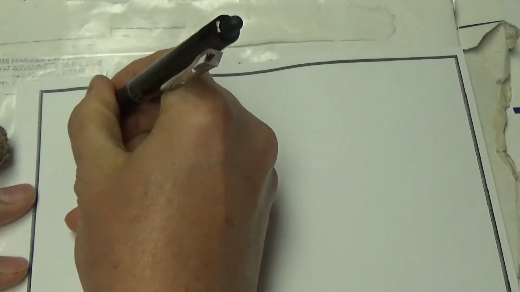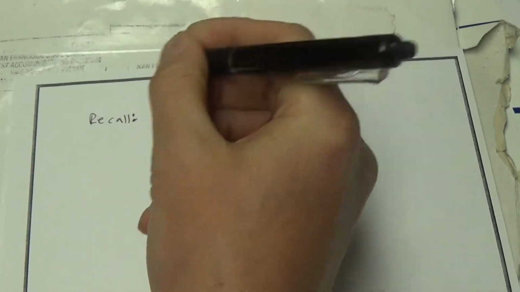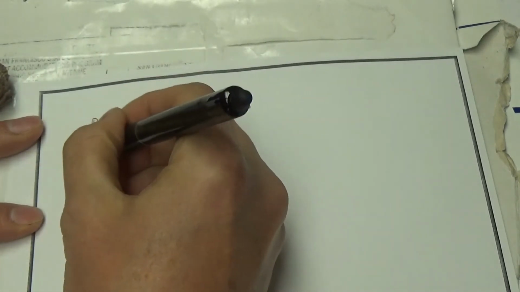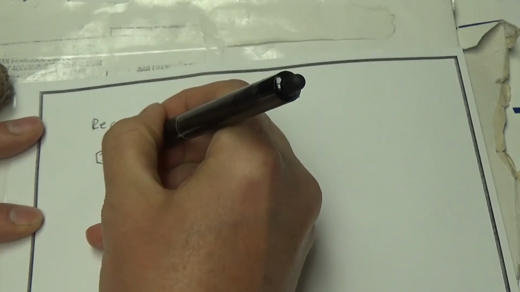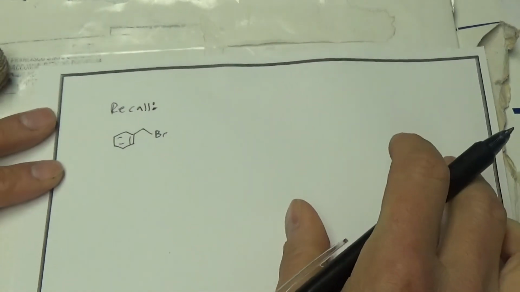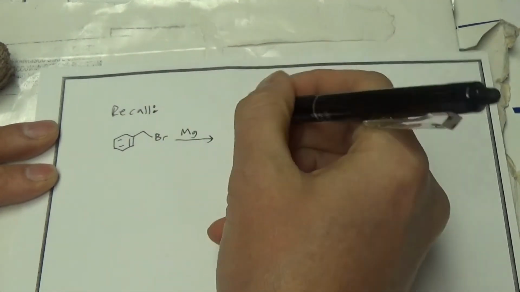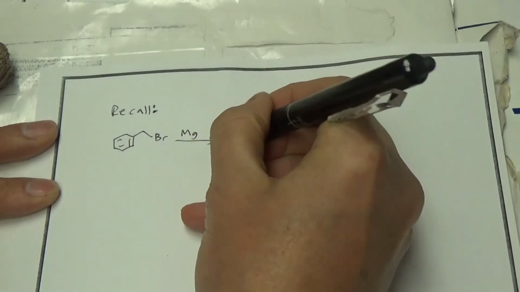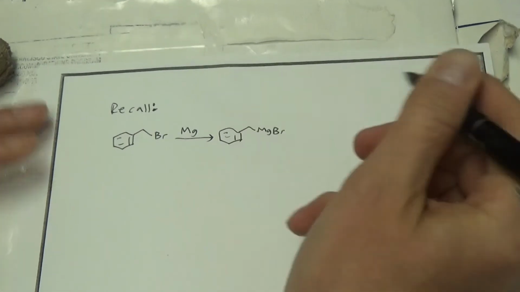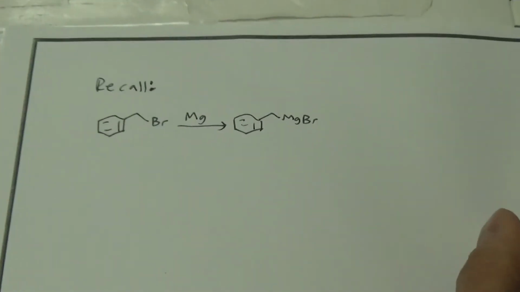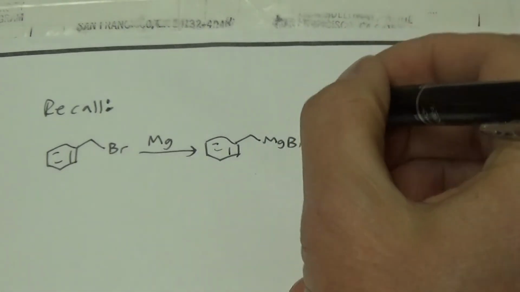Alright, so let's review a little bit on those Grignards and the kind of reactivity that we see. So if we have, like, a bromide, I don't know, we do magnesium, make a Grignard. Okay, we made a Grignard. And it's a nucleophile, it loves to attack stuff. What are the things that we can attack?